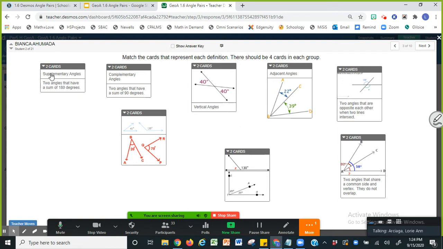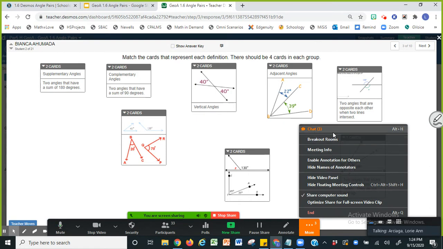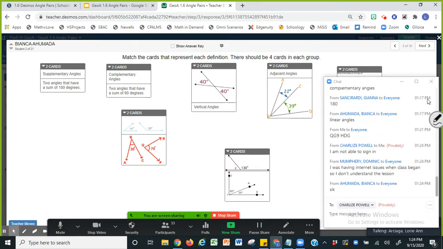And after you match the definitions, maybe you can also match the cards that sum up to 180. Okay, because it says there should be 4 cards in each group. So a word or phrase, a definition, and then drawings.